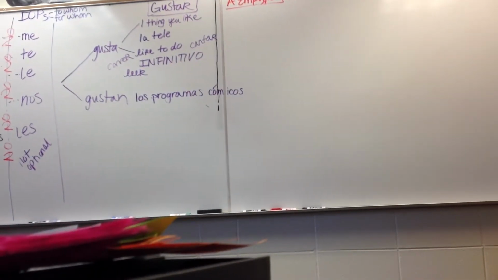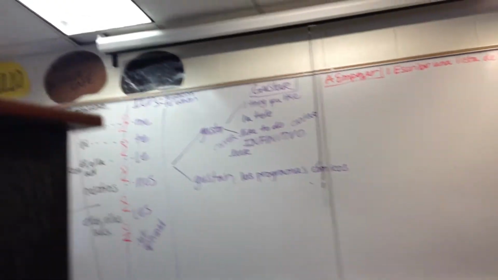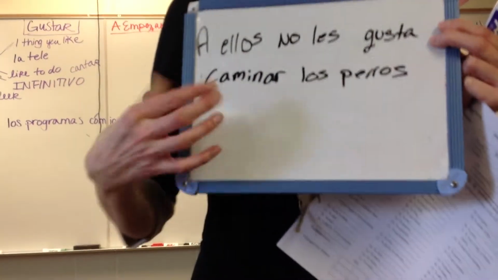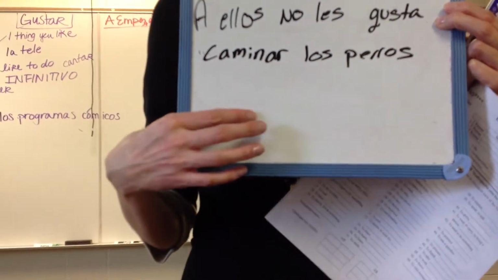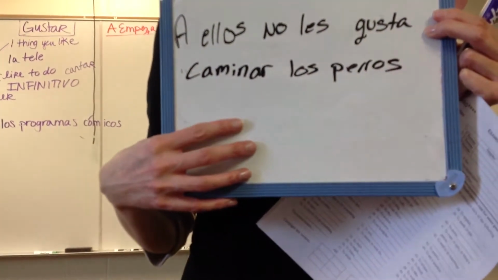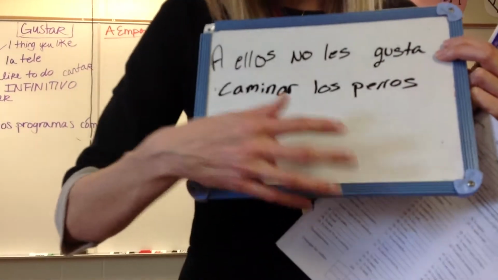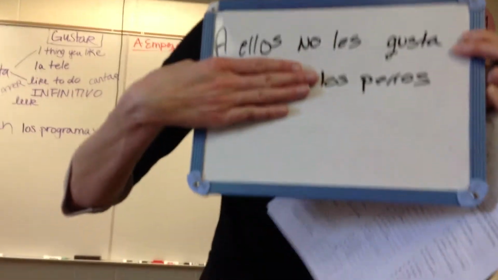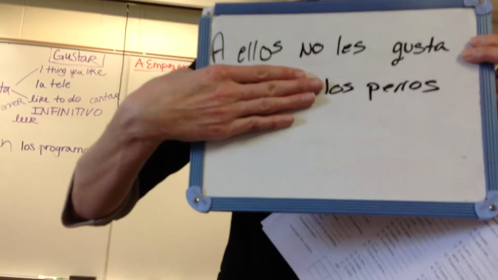So even though it's los perros, plural, you're telling me a ellos no les gusta caminar los perros. They don't like to walk the dogs. So if it didn't have this caminar, then you're right. You would use gustan. Because what I have after the blank is plural, right?